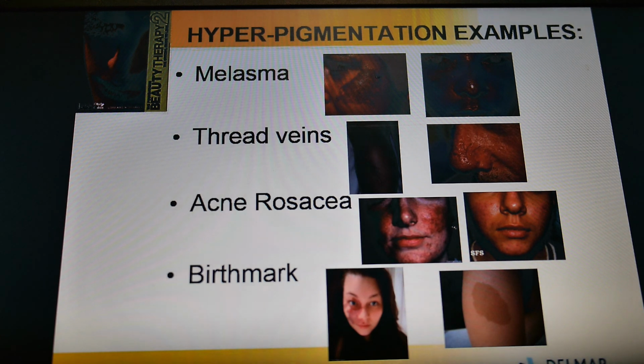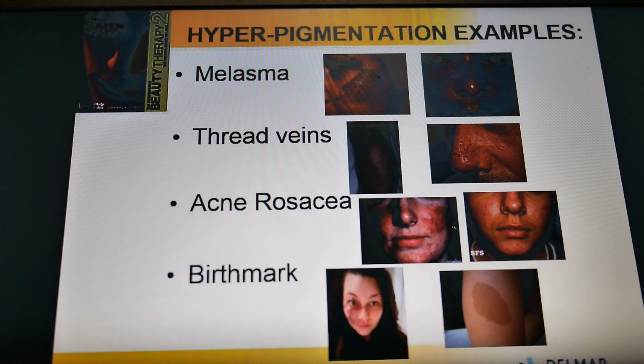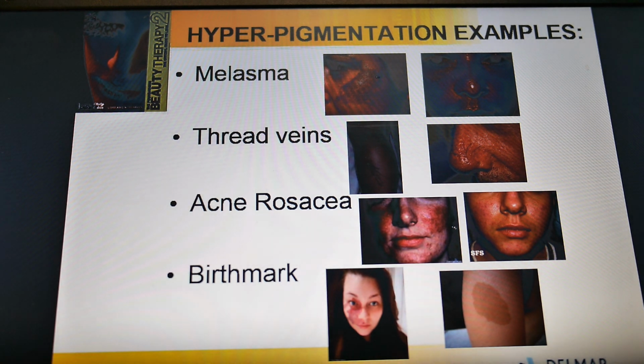Okay, then you've got something called hyperpigmentation, which we've all known about, and there's some things that you might be able to find out if anyone has any of these. So you've got a certain condition called melasma, or some people call it chloasma, and this is brought on through extra hormones.